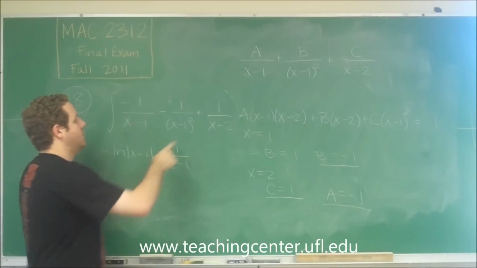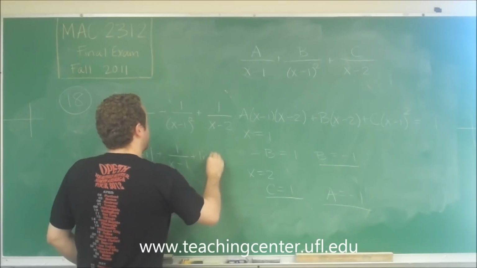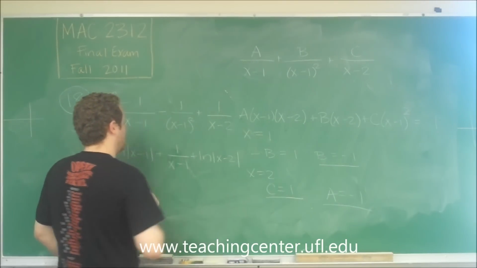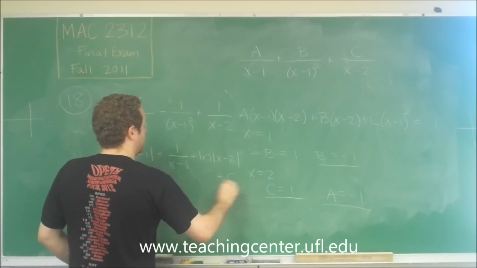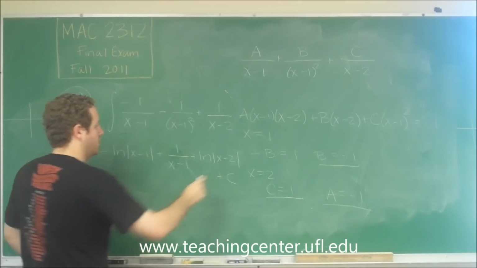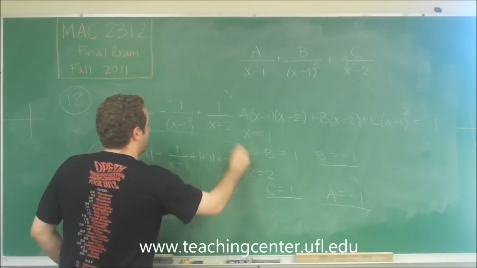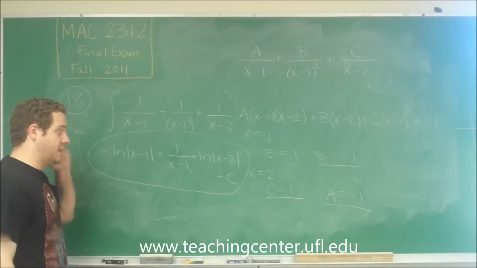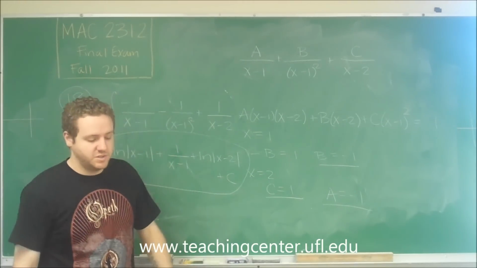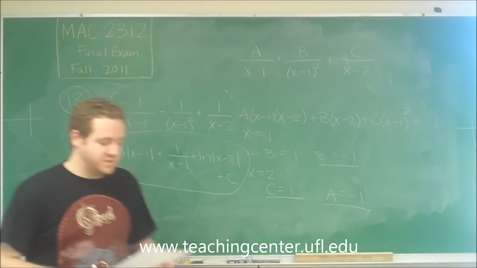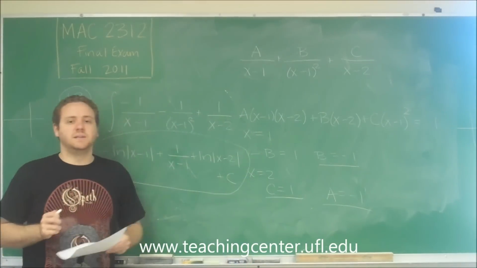So then for this one, we're going to get plus ln of x minus 2. And then plus C. So all three terms were able to be integrated individually once you use partial fractions. And this all matches up with answer choice D on your test.